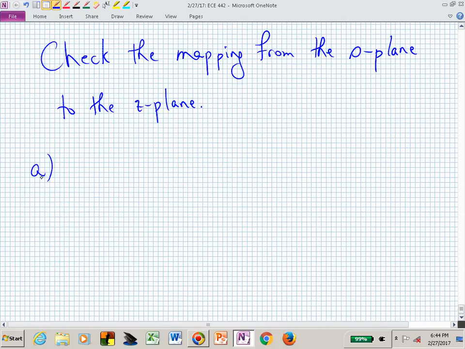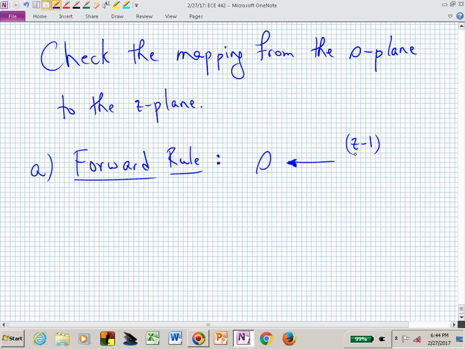First, let's look at the forward rule, which said that we replaced S everywhere with Z minus 1 over T. But now we want to go from S to Z. So let's just solve this equality for Z in terms of S. If we multiply both sides by capital T and add 1, we end up with Z being equal to 1 plus ST.